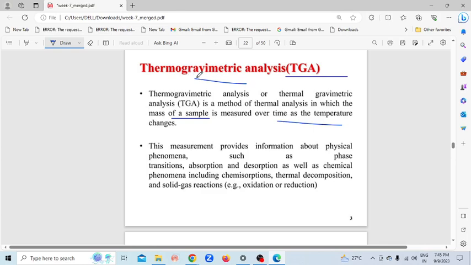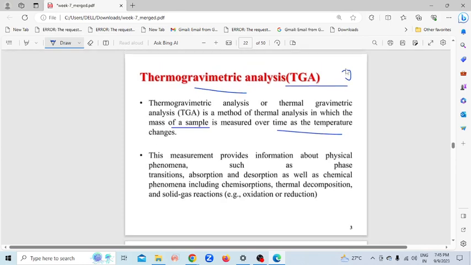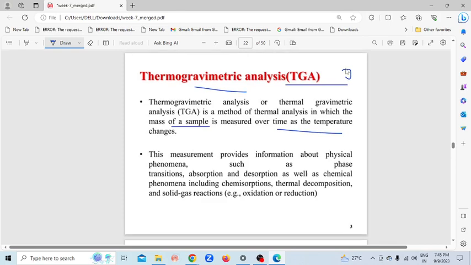This is thermogravimetric analysis, and you are asking about differential thermal analysis. DTA is different. Thermal or thermo is the same; somewhere you will find thermal, somewhere thermo.